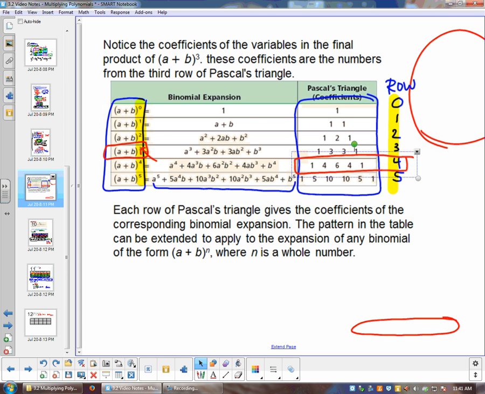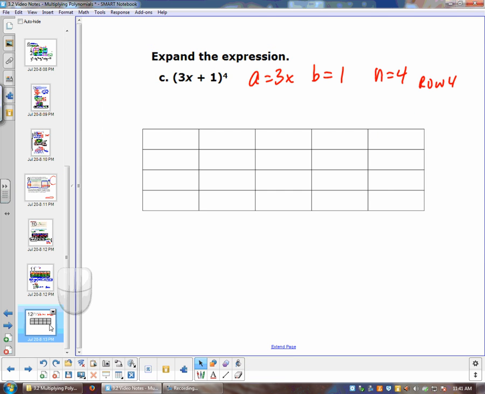Again, notice there are going to be 5 terms in that one because there's row 4, so 1 plus that. So 1, 4, 6, 4, 1. Let's fill that in first. Next up, we're going to start with a, which was 3x, and we're going to start off by raising it to the 4th.